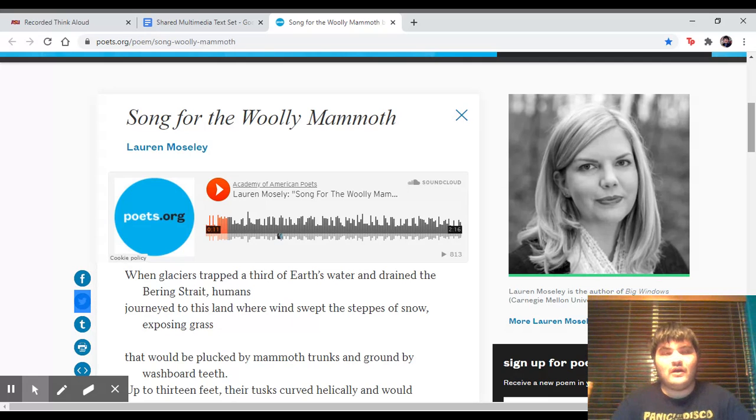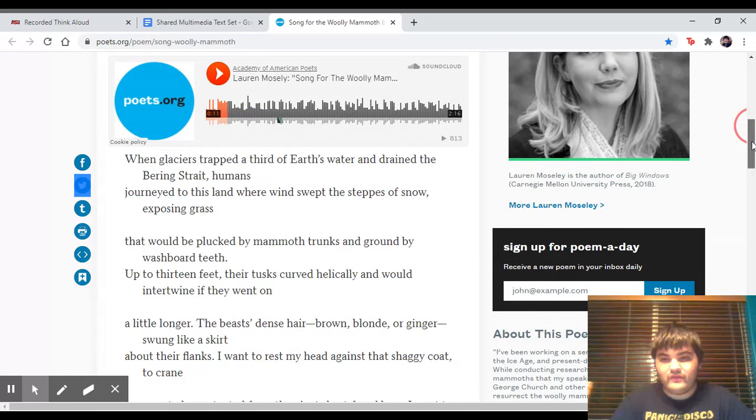But right now we want to find our own themes to get that central idea, which on this website, if you look over here and right here about this poem, you'll be able to see the motivation behind this writing. But first, we want to find our own central idea to support, because later on we're going to go into creating a thesis for our argument and then using evidence to support it.